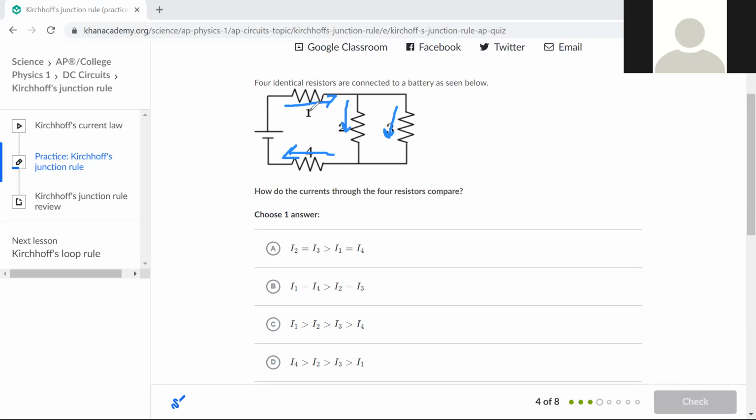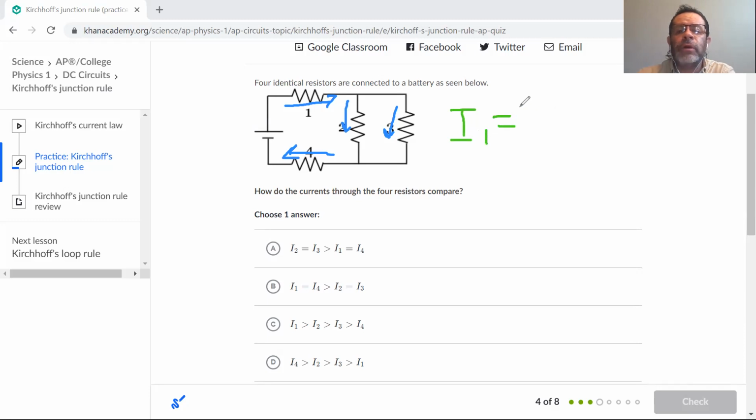I don't know if the 2 and 3 are equal and 1 and 4 are equal. Okay, yes, and let's talk about that. Let's talk about 1 and 4. So a premise here is that I1 is equal to I4. Why would I1 and I4 be equal? What's the type of connection we have with these 3 elements? Series.